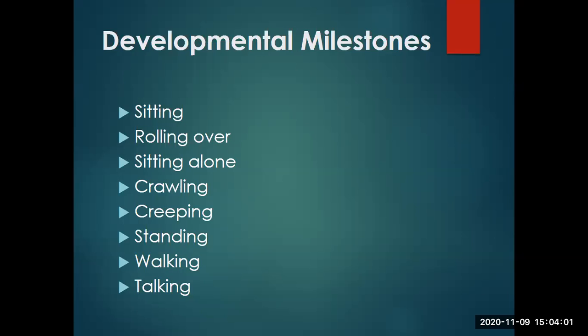In a normal child, it'll be more like, at age 1, they should be sitting. So it's a little bit different. Crawling, the average would be age 2, sorry. So they have the different milestones of when they should be sitting, rolling, or sitting alone, and so forth.